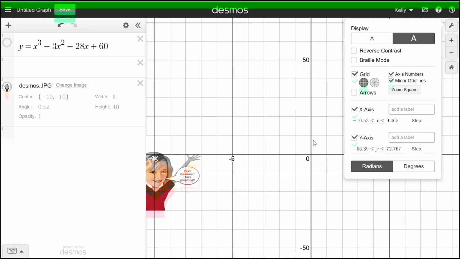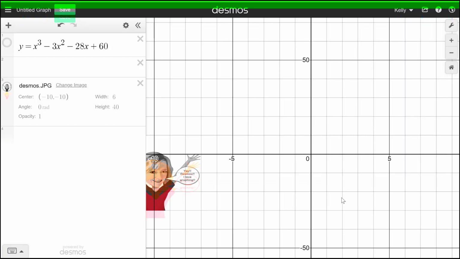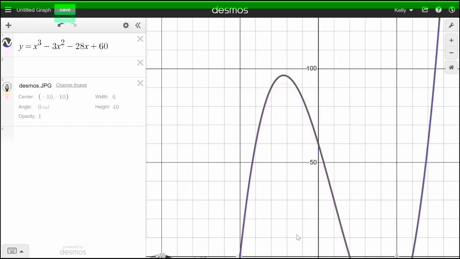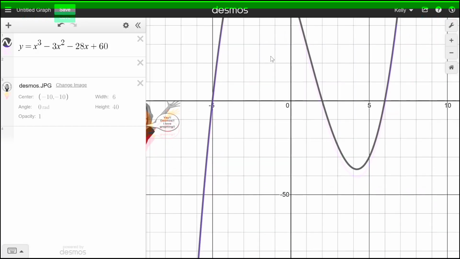The scale here is 10 for the y and 1 for the x, because of the way this graph looks. Let's unmute this and show you the graph. You can see it hits at negative 5, at 2, and at 6. Those are the 3 different values that we were given for the x-intercepts.